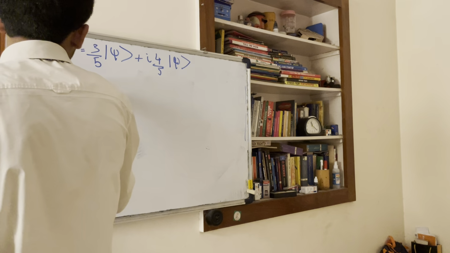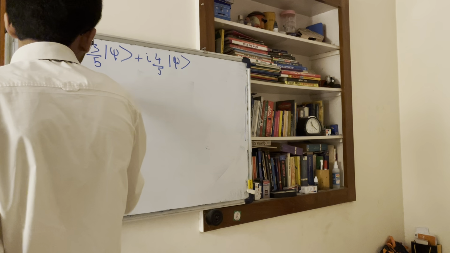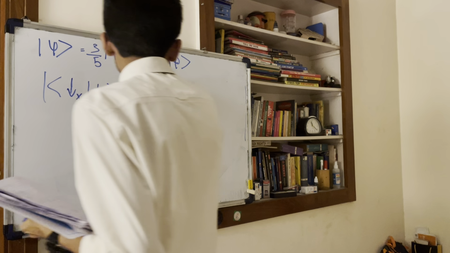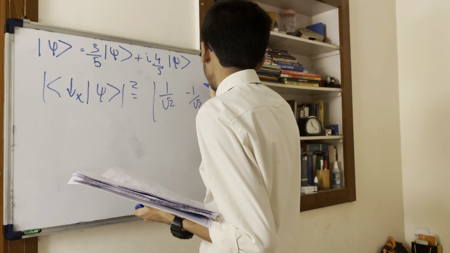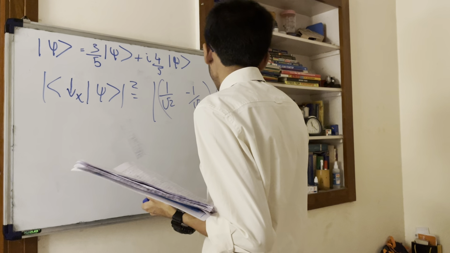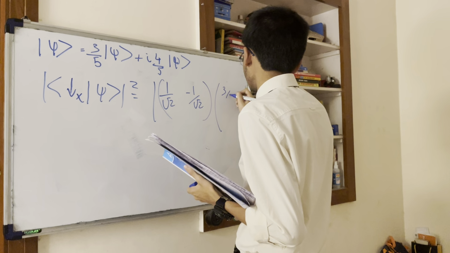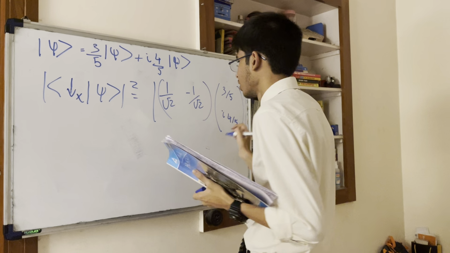Let me just do it for the satisfaction of people. So x psi, this will be 1 by root 2, minus 1 by root 2, multiplied into what are they given? 3 by 5 and i 4 by 5.